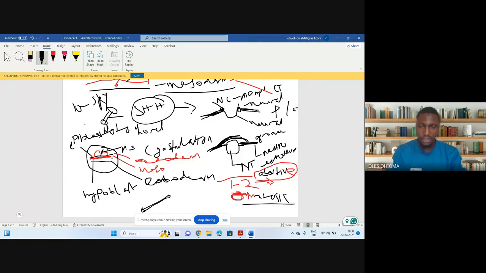It produces a gene known as sonic hedgehog. And this sonic hedgehog gene sends signals to the cells on the epiblast to help with the differentiation of this ectoderm into what we call a neural plate.